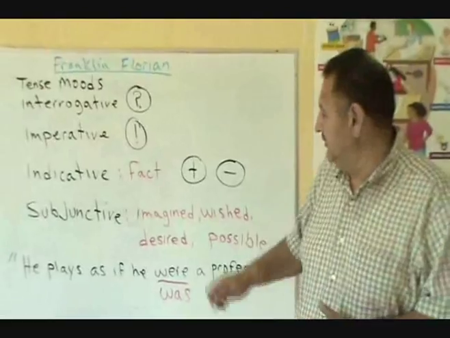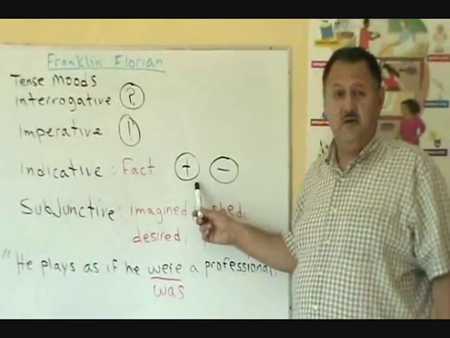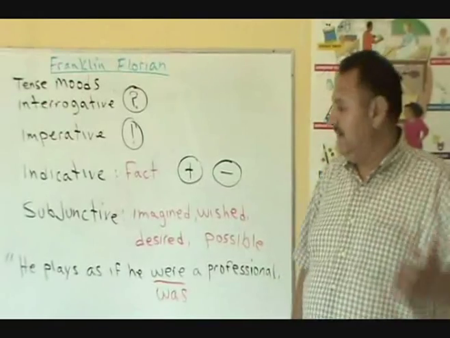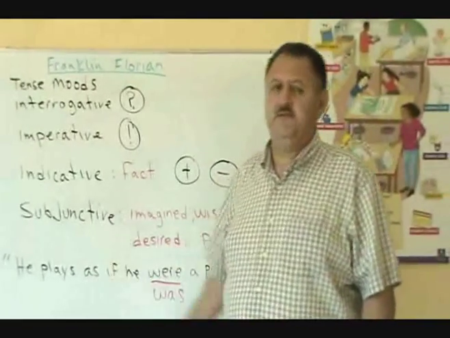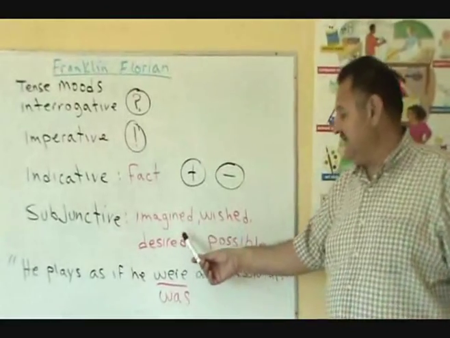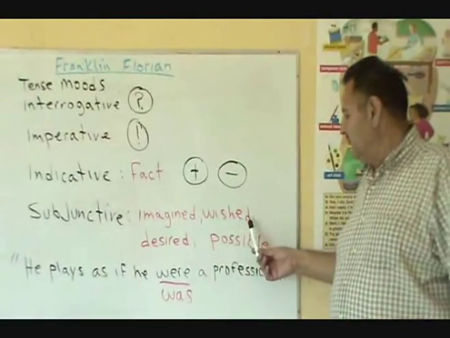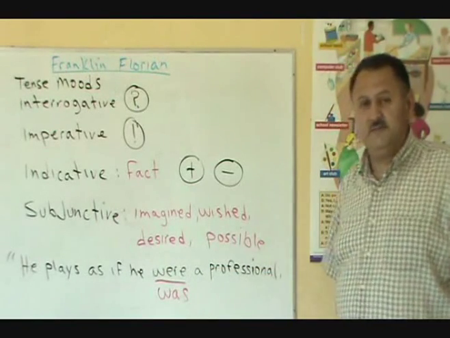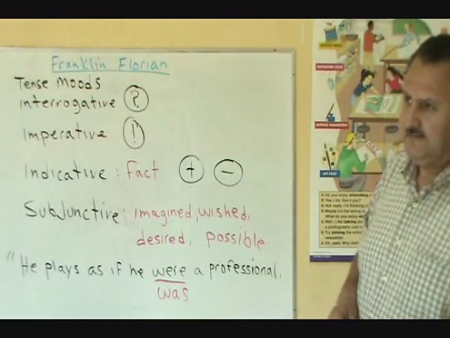The indicative mood are facts, whether they're positive or negative facts. And then there is the subjunctive mood. And what is the subjunctive mood? It expresses imagined, wished, desired, or possible events.